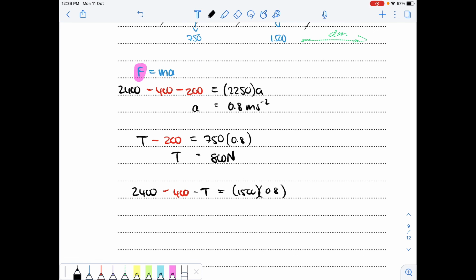So a little bit more working out here. We'll have to take T over to this side and this to that side. So we'll get 2,400 minus 400 minus 1,500 times 0.8. And unsurprisingly that should give us 800 newtons.